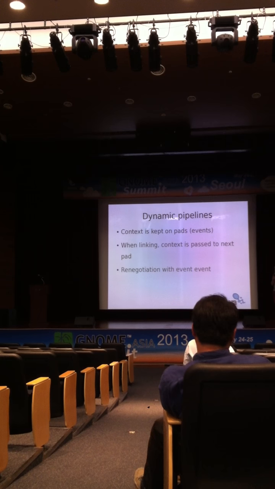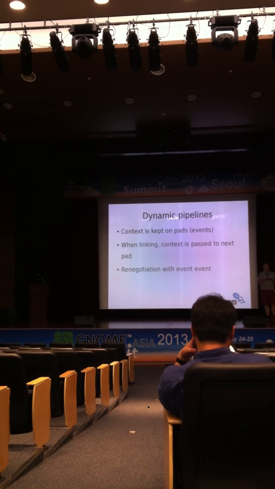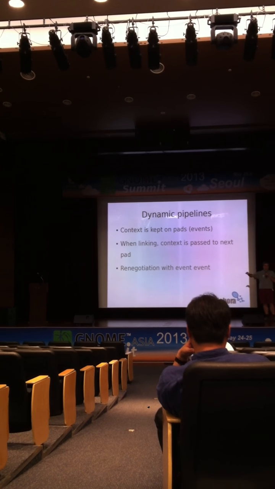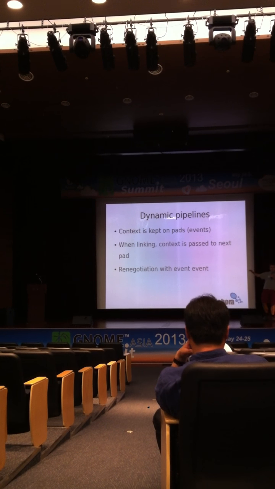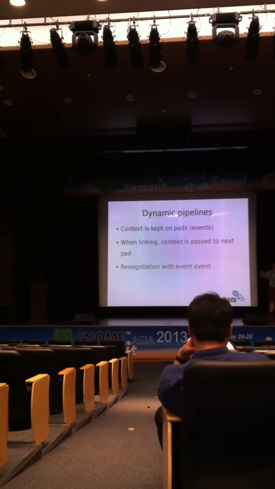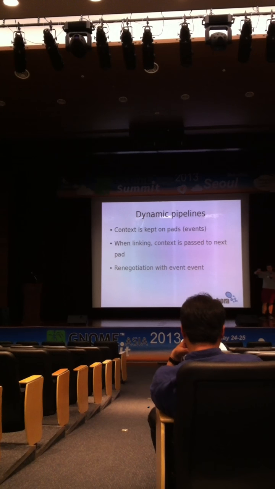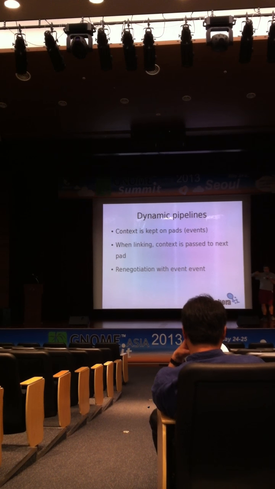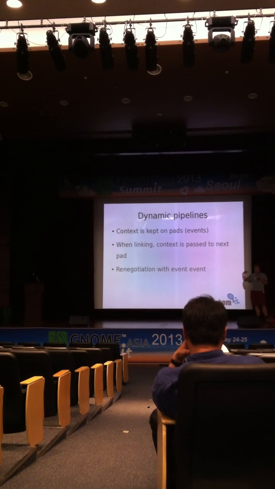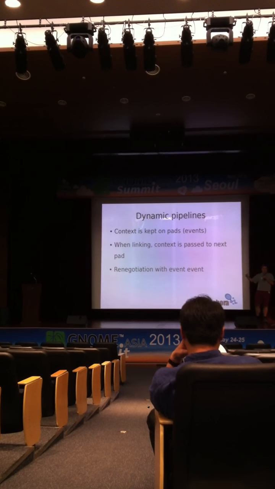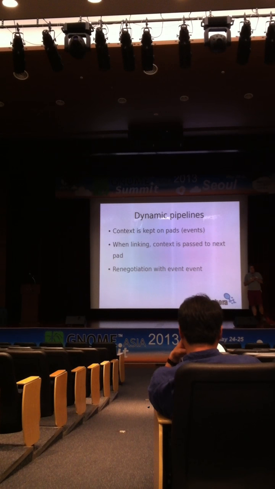And renegotiation is much easier now. That means that if you set up your pipeline to play one format, and you change one element in there, you can renegotiate it, because the elements negotiate when they start playing what format it will be. So if you change something, you can now much more easily renegotiate and possibly change the format.